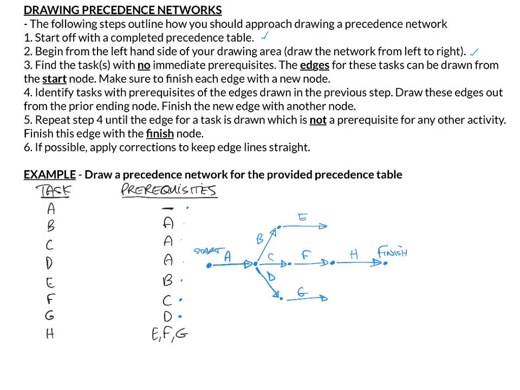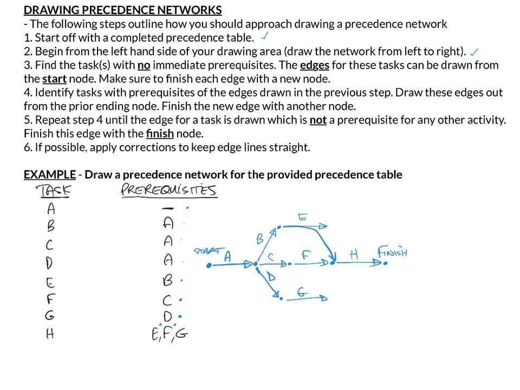So this is what I mean about correcting curled lines. E is a prerequisite of H. So really, this E task line would be like that. F is a prerequisite of H, and it goes straight into H, so I'm done with that, I don't need to do anything.